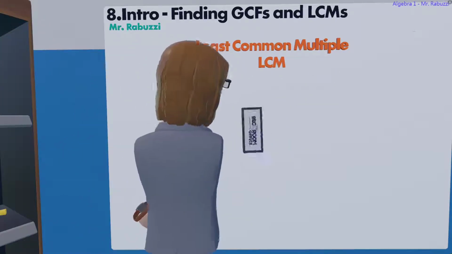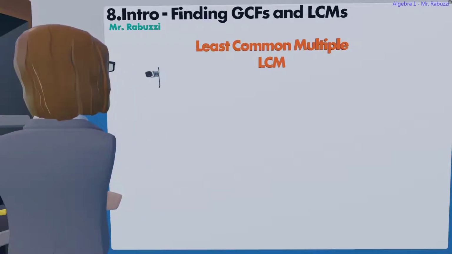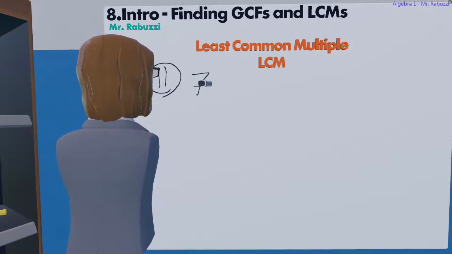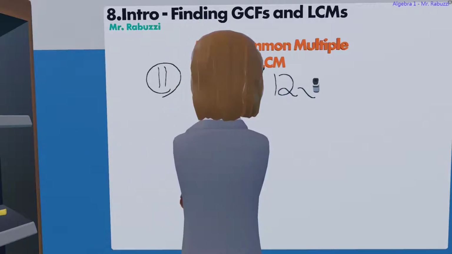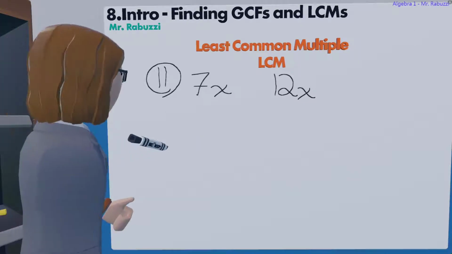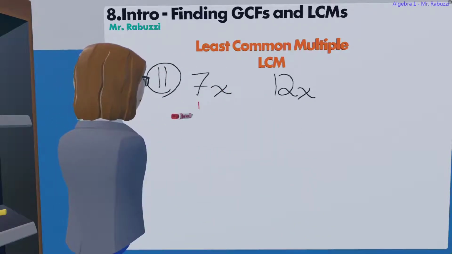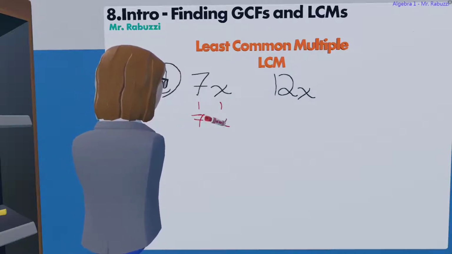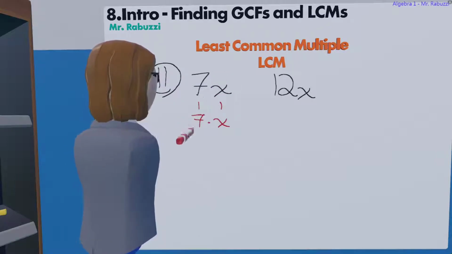All right, last example. Then I'll turn you loose. Number 11. 7x and 12x. Okay, let's factor. Can I split 7? No, 7 is already prime. Can I split x? No, x is already finished factoring because it's not x squared or x to the 4th.